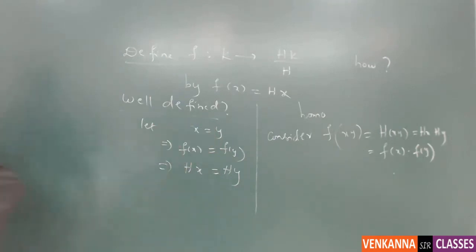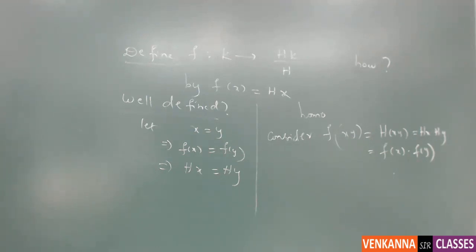Therefore, it is a homomorphism. So we have defined a function which is a homomorphism and it is onto also. Here I am not proving onto. The function is in the form of a canonical homomorphism, so it is always onto.